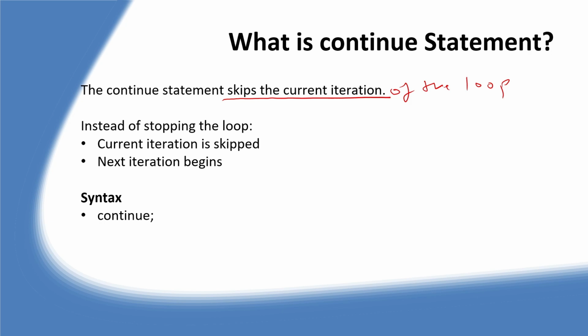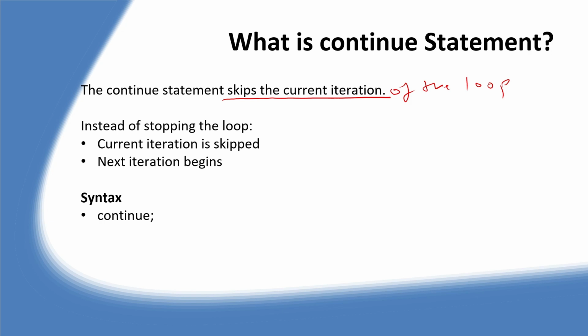So, let's understand what the continue statement is. Continue is a keyword in Java that we use inside a loop as a continue statement, and this continue statement is a loop control statement.